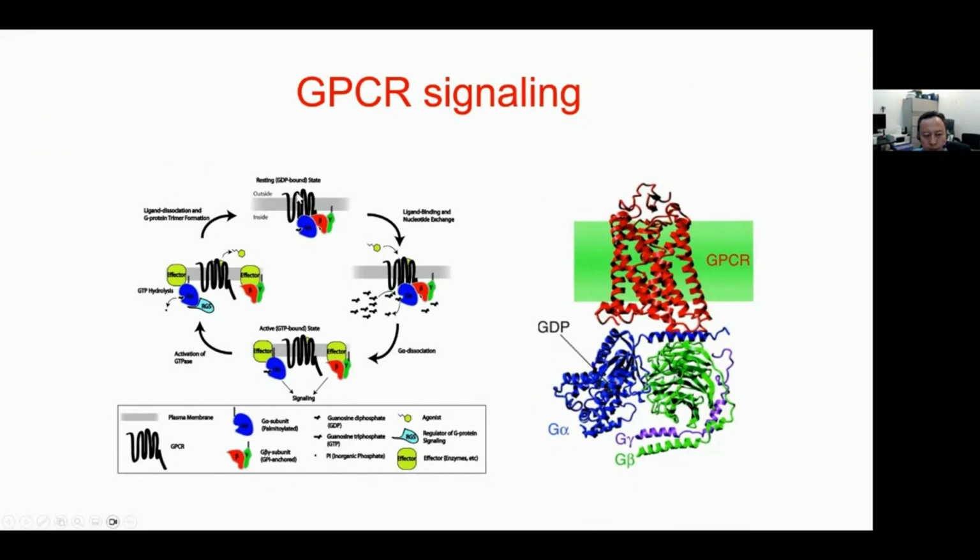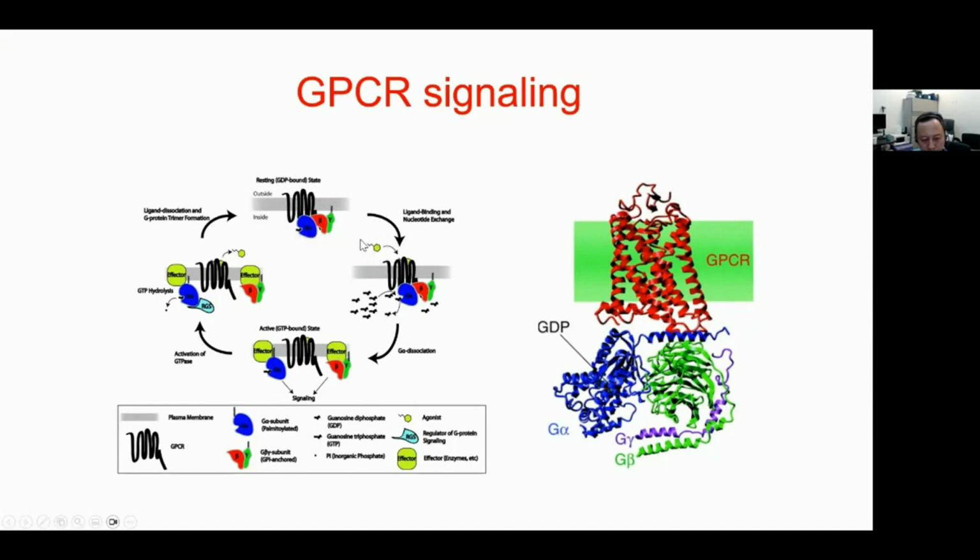When you don't have a signal, the G protein, which has three units, alpha, beta, gamma, associates with the receptor's intracellular part, and it has GDP associated with the alpha unit. This is the inactive state. It's waiting there to sense the signal.